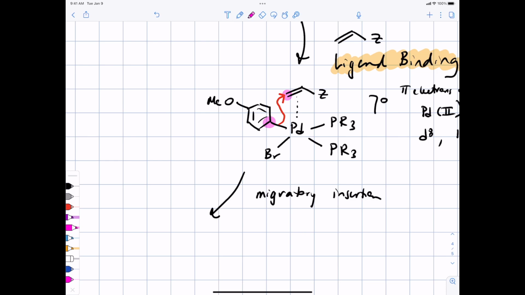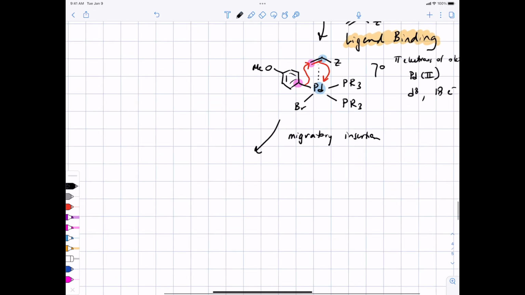And at the same time, electrons from that pi bond are going to attack the metal to make a sigma bond between the other carbon of the olefin and the metal. So I'm showing you in 2 different colors the 2 new bonds that are forming.